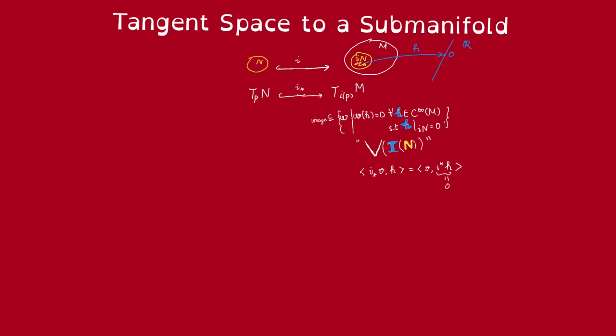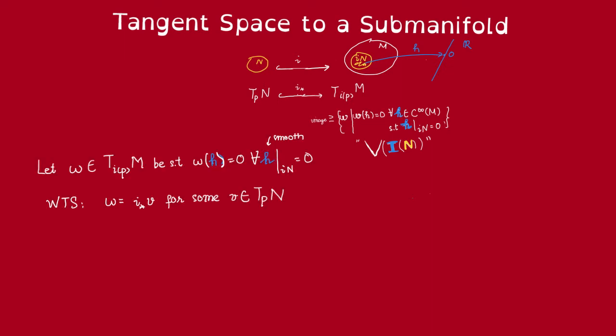So we know that this image already lies in here. What we need to show now is the reverse inclusion. So we want to show that the image contains this. In other words, let w be a tangent vector in here, such that w vanishes on all the smooth functions h that vanish on N. In other words, w vanishes on this ideal I(N). Then we want to show that w is actually the push forward of some tangent vector in N.